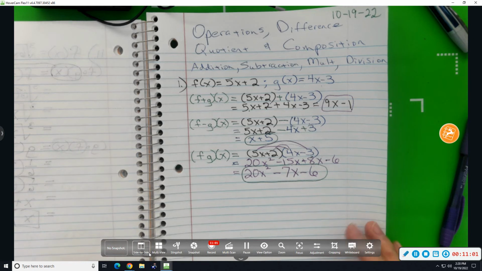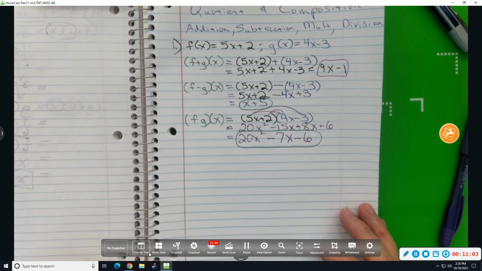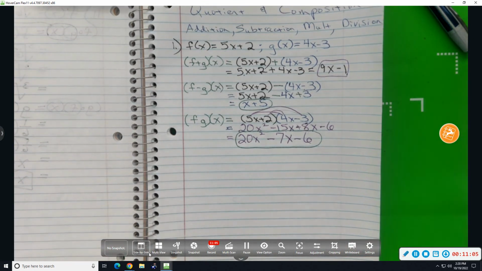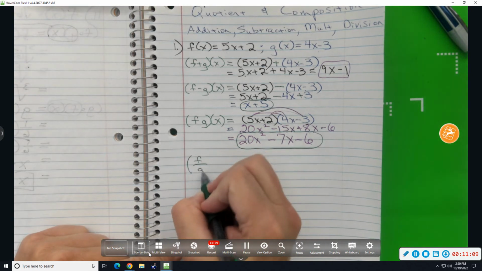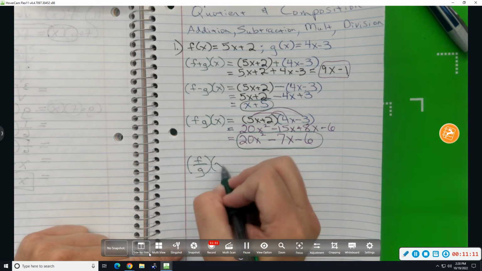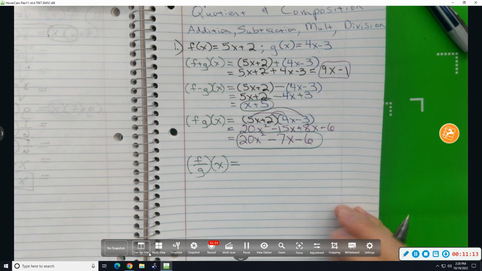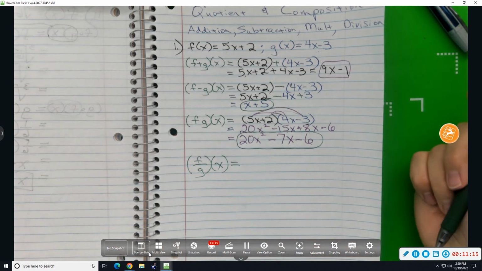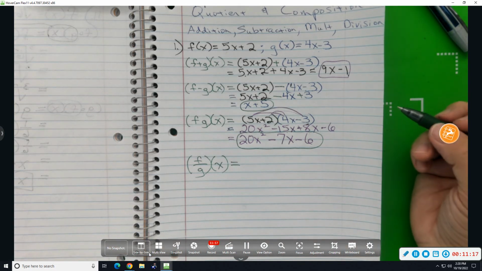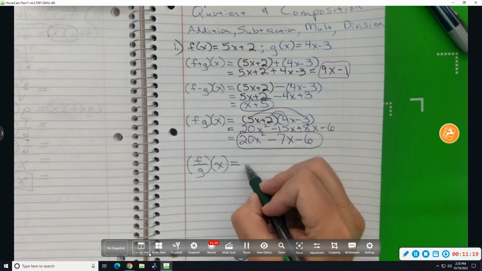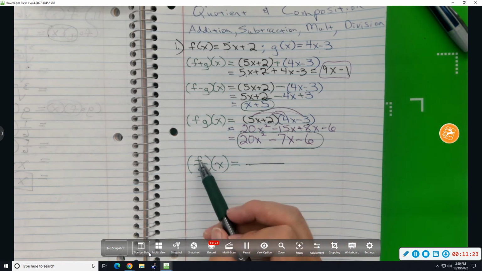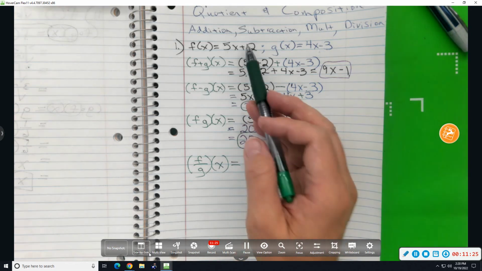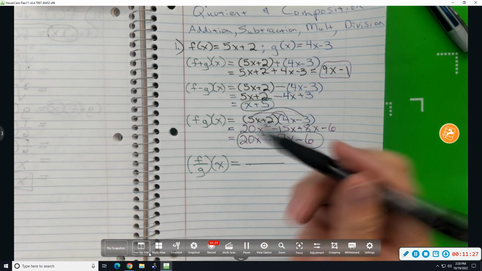And there's one other operation, f divided by g. Generally, division is more involved than addition, subtraction, and multiplication, but not here. We're representing the division with a fraction bar. We have f of x on top. That's a 5x plus 2.